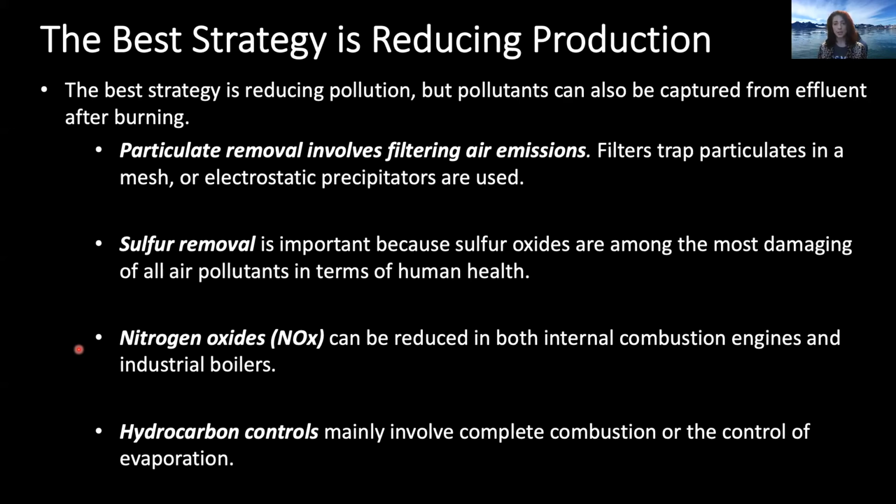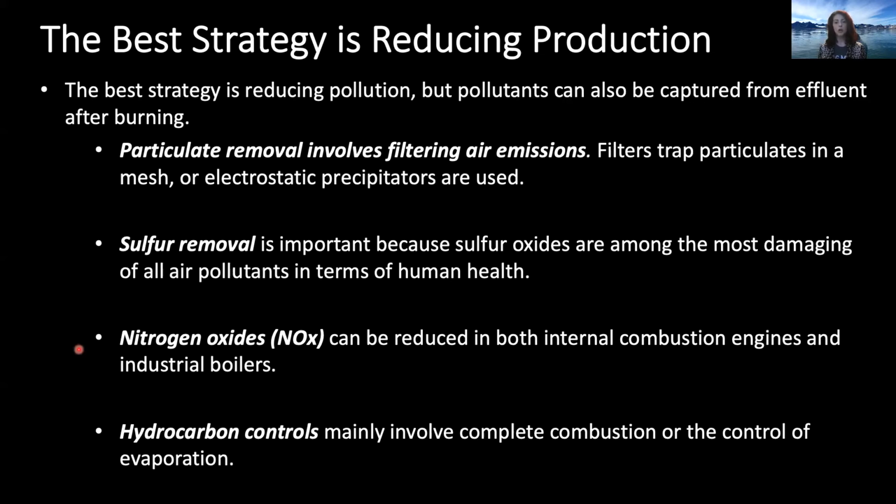Stage burners, for example, control burning temperatures and oxygen flow to prevent the formation of nitrogen oxides. And the catalytic converter on your car uses platinum, palladium, and rhodium catalysts to remove up to 90% of those nitrogen oxides that are created, as well as carbon monoxide and hydrocarbons.